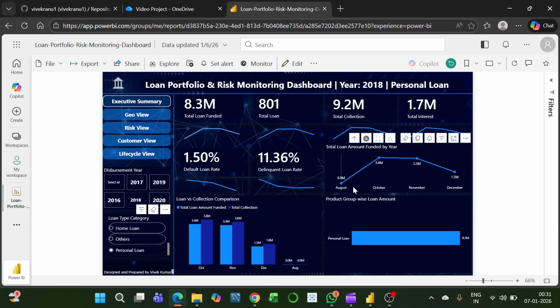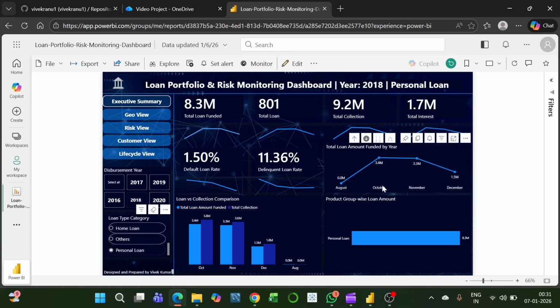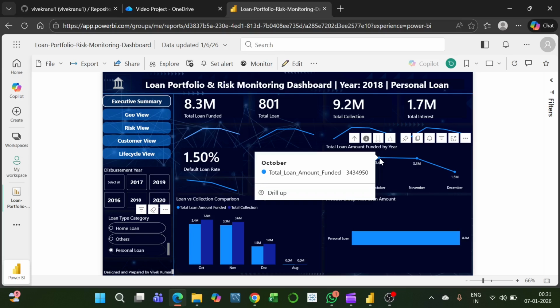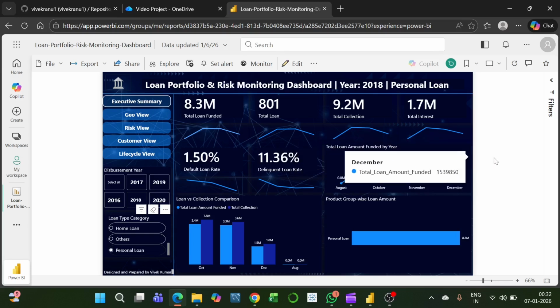If you go to the trend, by month of the year, you can see the loan amount funded from October to November was 3.4 million to 3.3 million, which is almost consistent in this period.